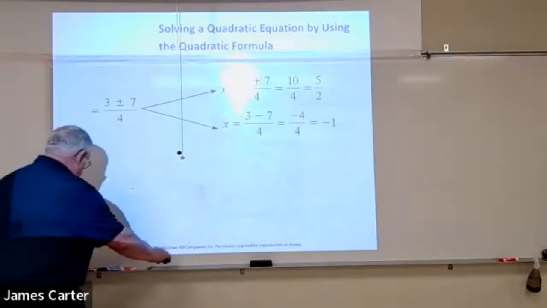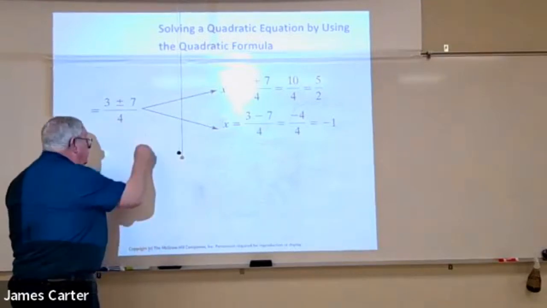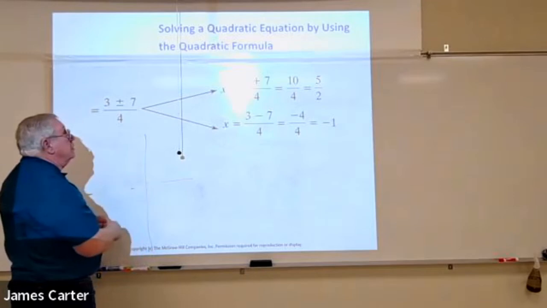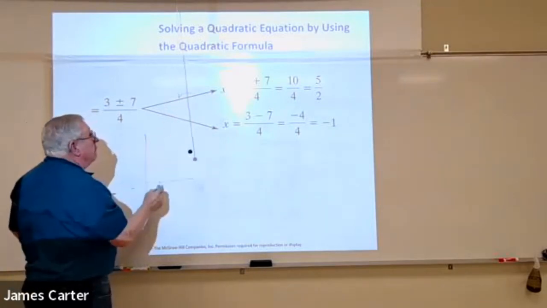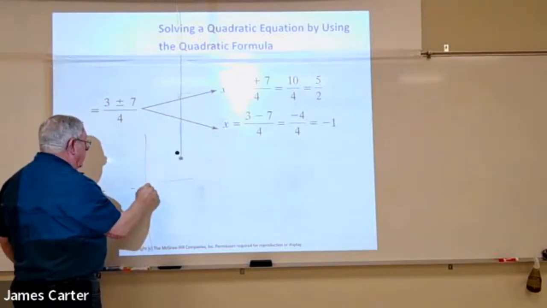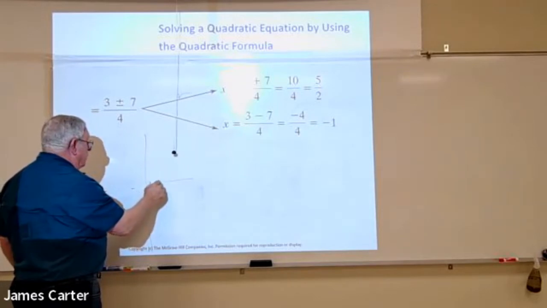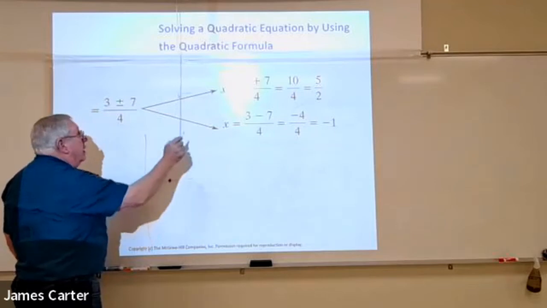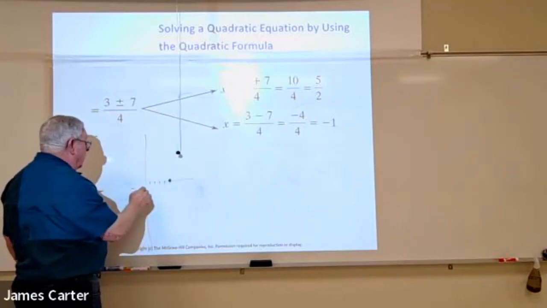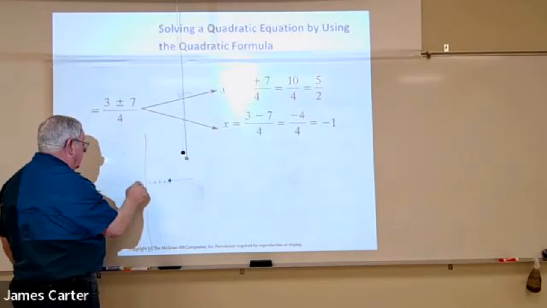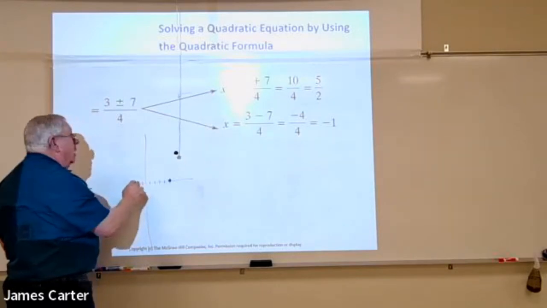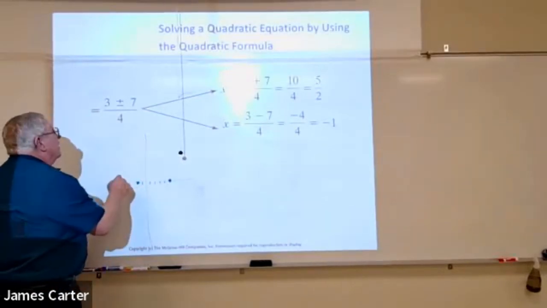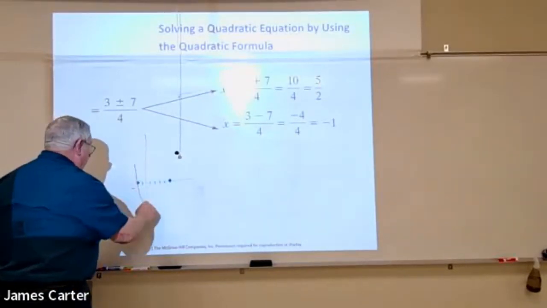What are those? Those are the 2 points for this equation's graph. 5 halves. Okay? 1 half, 2 halves, 3 halves, 4 halves, 5 halves. Negative 1, which happens to be 2 halves in the other direction. Those are these 2 points on that graph that this thing is going to go through.